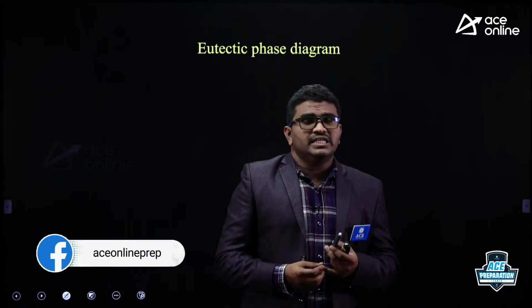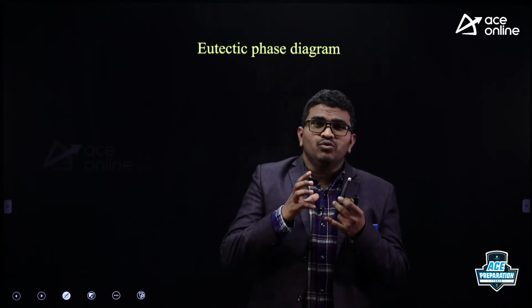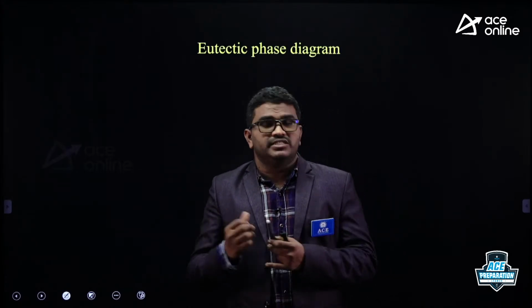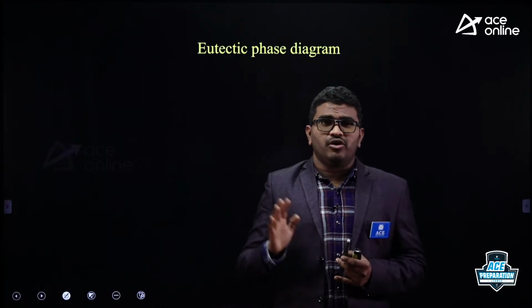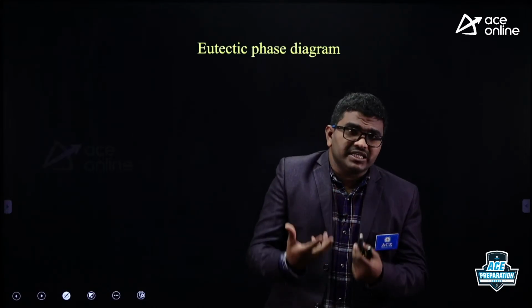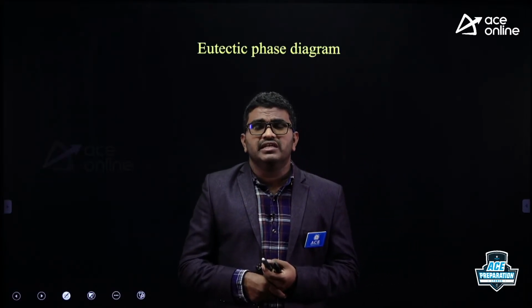The first one is the isomorphous phase diagram. What is that actually? The two components are completely soluble in the liquid state and solid state. The example is copper nickel, that I am not explaining here. The second one is the eutectic phase diagram, type 2. What is that actually?